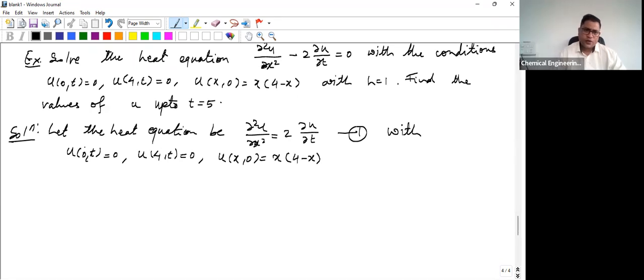So from here, we can find the value of x are from 0 to 4. So this is for 0 less than or equal to x less than or equal to 4. And we know h is going to be 1.